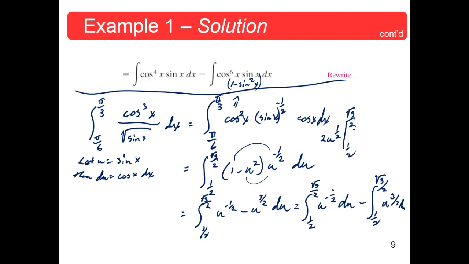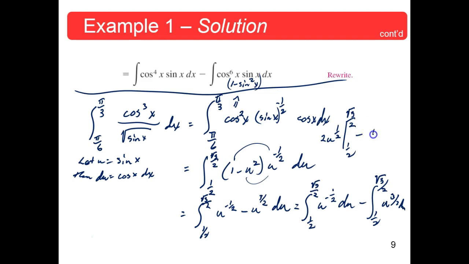Now these are going to turn out to be some really weird numbers. Okay. And the next one, minus... Integrate u to the 3 halves.